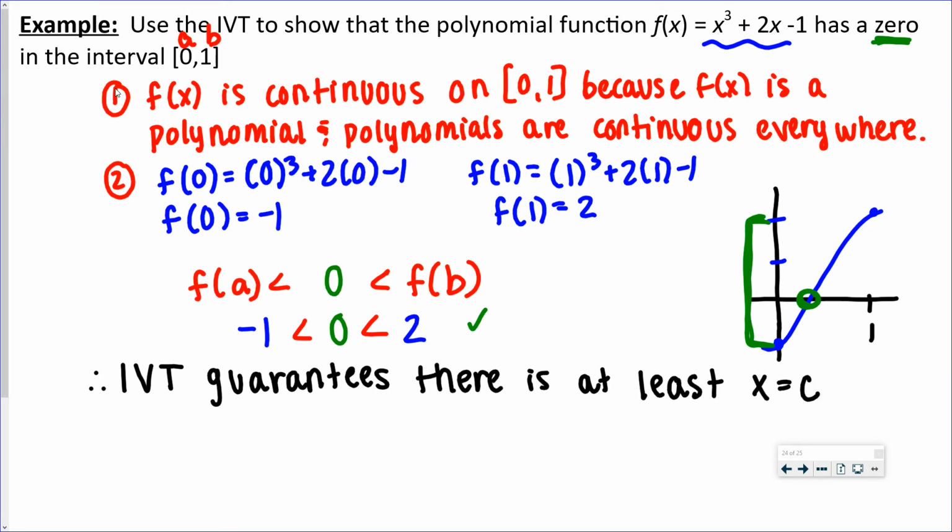So how you phrase this is there is at least one x equals c value such that f of c would be 0, will give me an output of 0. So the intermediate value theorem guarantees there's at least some c value in between a and b that gives us an output of 0.